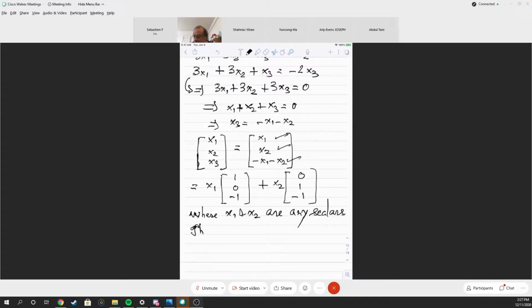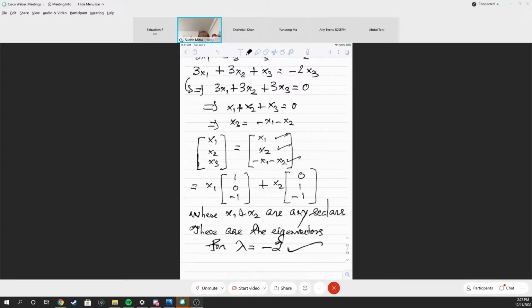So yeah, these are the eigenvectors for lambda equal to minus 2. That's it.